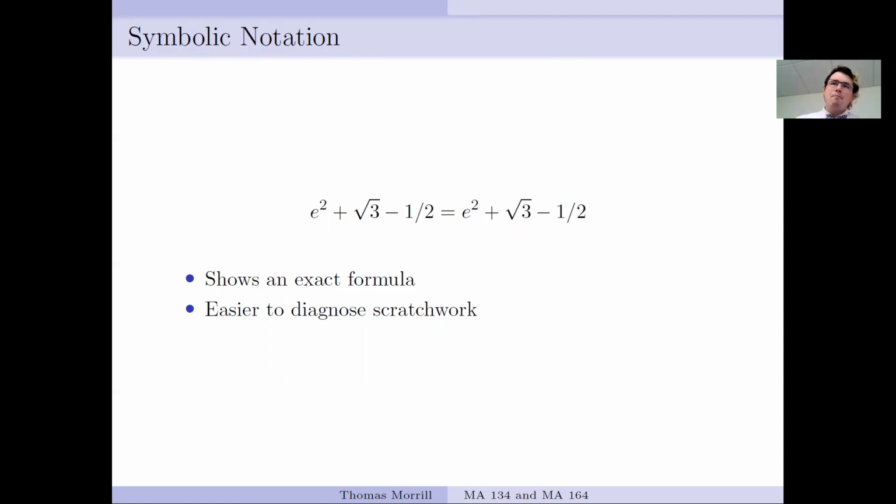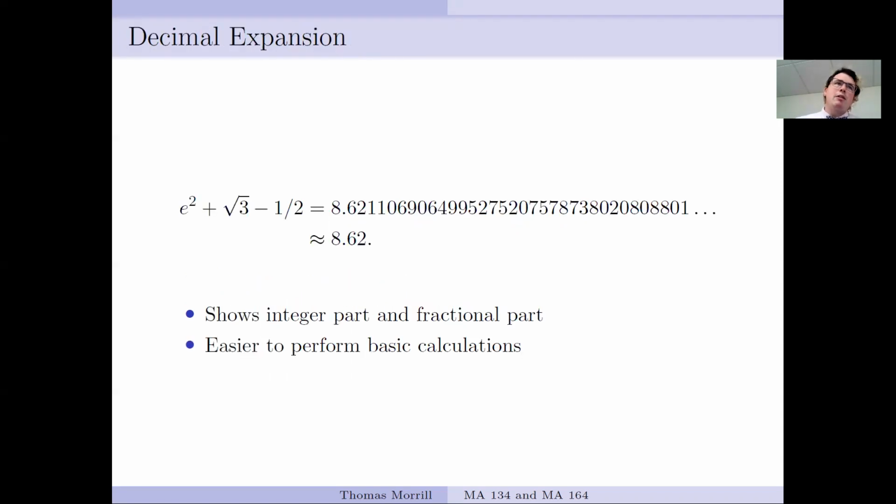So people might be more familiar with decimal expansions. And here I've written out the decimal expansion of e squared plus the square root of 3 minus 1/2. It's all this stuff: 8.6211069064995525 and the rest. And that's a lot to take in. It's not really practical to keep all of those digits around, right?